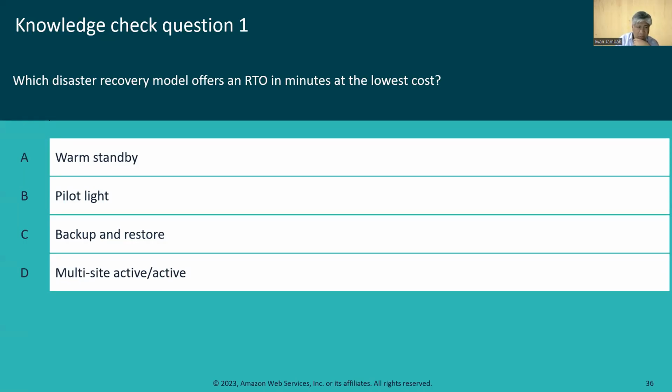What you can do in warm standby is start the workload in minutes, but it is not the lowest cost. Which one is the lowest cost? And you still have to wait a minute.